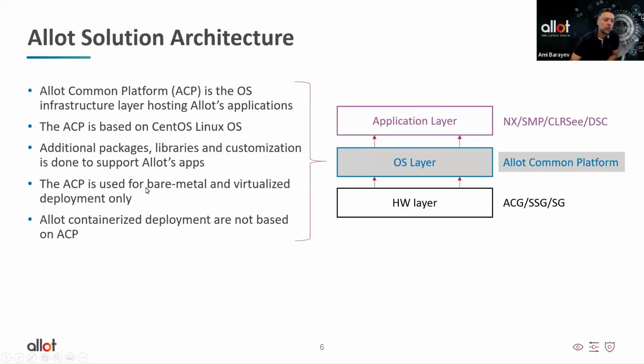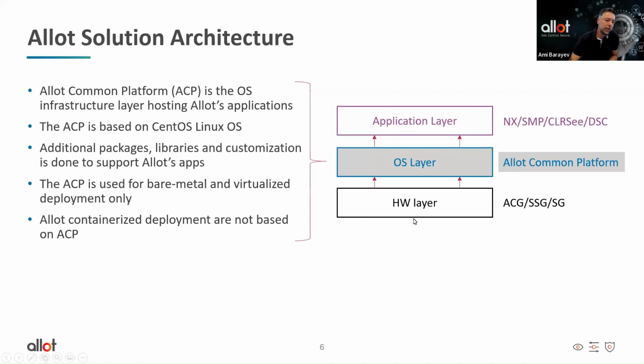The ACP is used for our bare metal deployments using the servers that I mentioned before, and also for the virtualized editions. You need to understand that the ACP is not used in the containerized edition that we have.